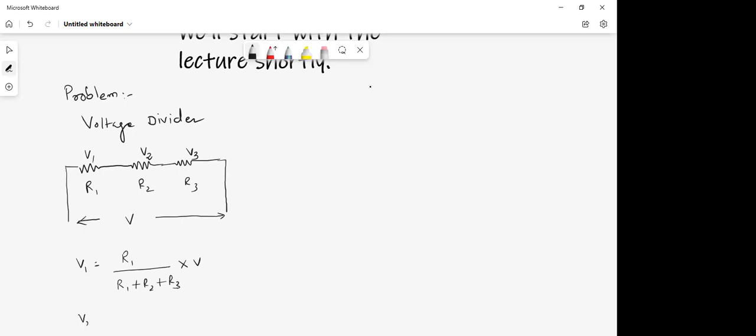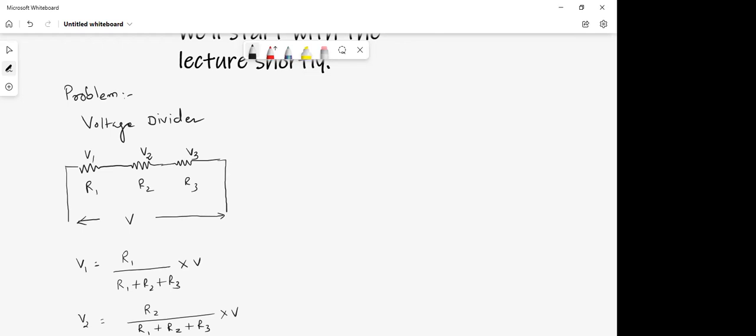Similarly, V2 will be R2 upon R1 plus R2 plus R3 into V, and so on and so forth for R3 as well, V3 as well. Let us see how exactly we are going to apply it for certain calculations.